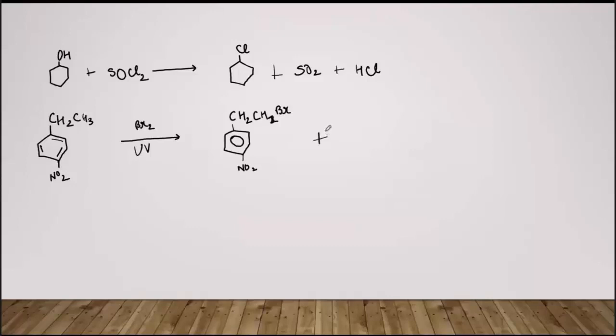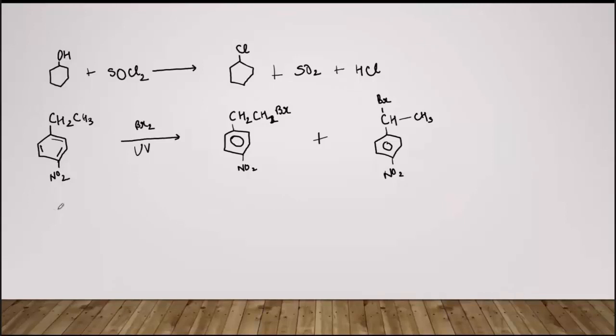Or in this case, some other product can also be there because the second hydrogen can also be replaced, right? I'm saying that this Br can also get attached to the second carbon here and not to the first one. So one more possibility can be there, and the rest of the molecule will be the same. These were the two products possible for this reaction.